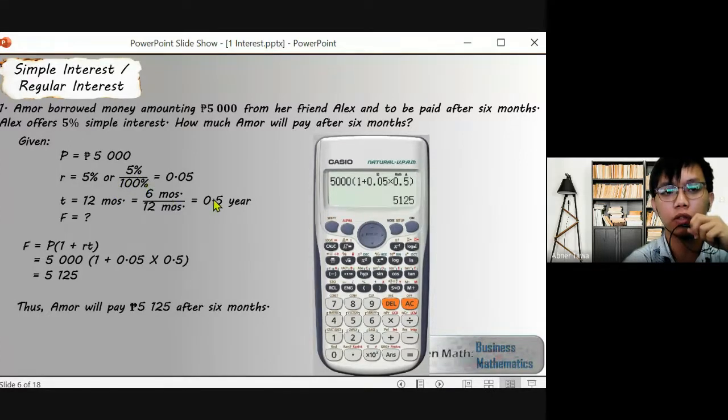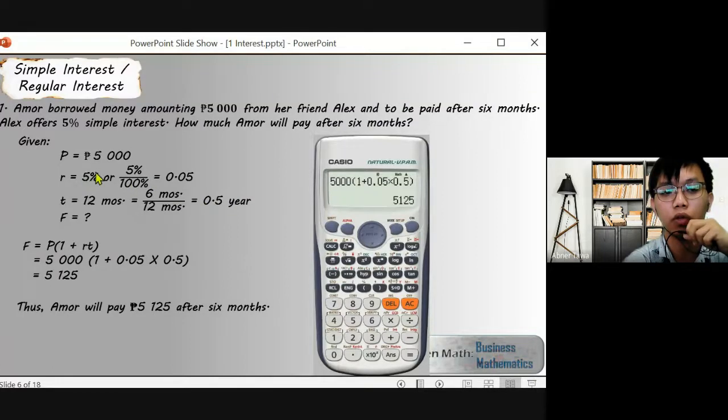Same with the length of time. Always 12 months. Always divided by 12 months. It won't change, it can't be replaced. It's like a constant. So when you convert months into years, just divide it by 12 months to determine correctly the equivalent of 6 months in years.